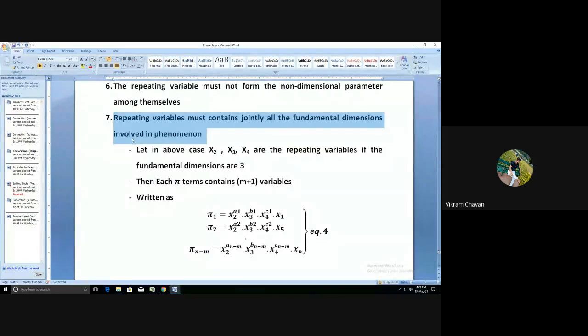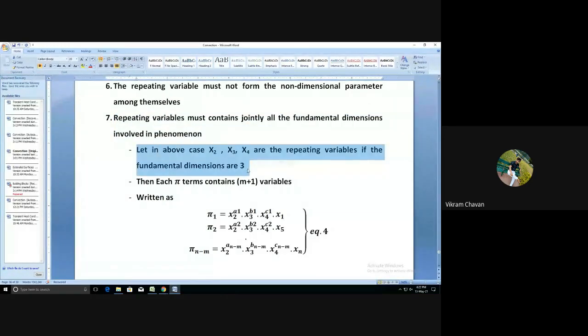Now in the above case, let x2, x3, x4 be the repeating variables if the fundamental dimensions are 3.